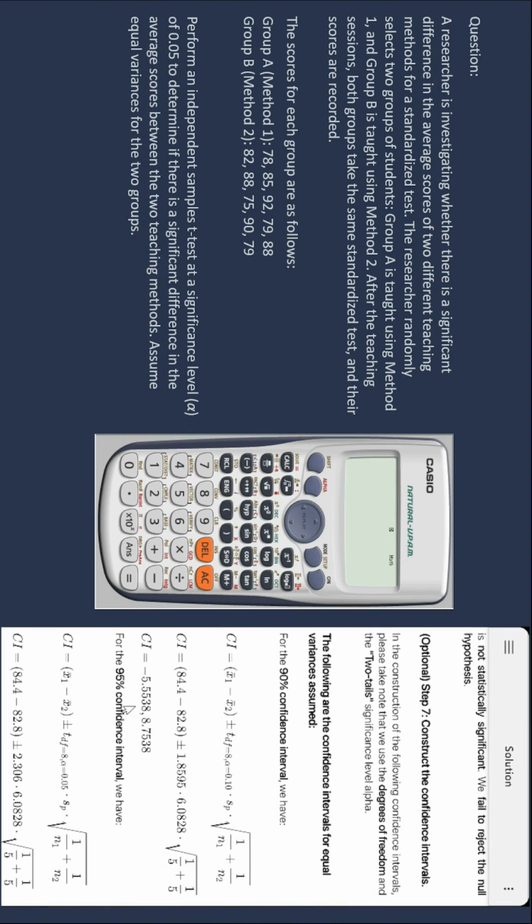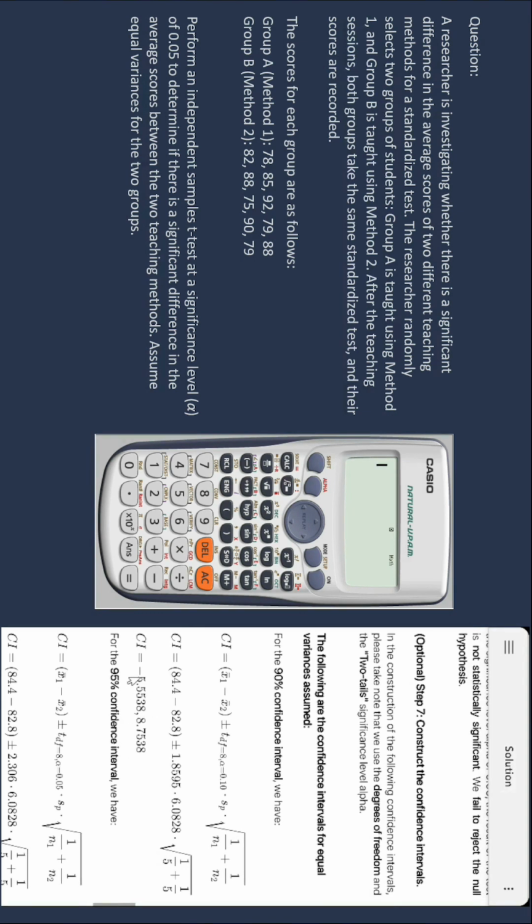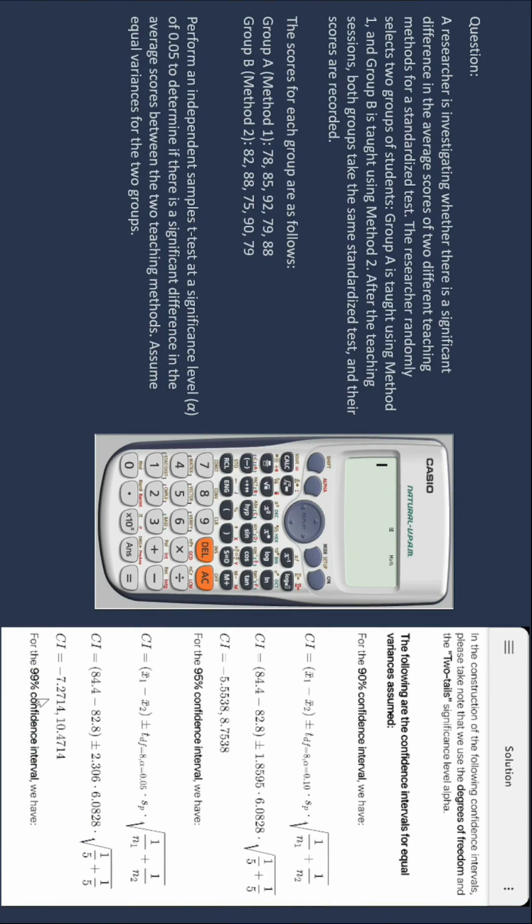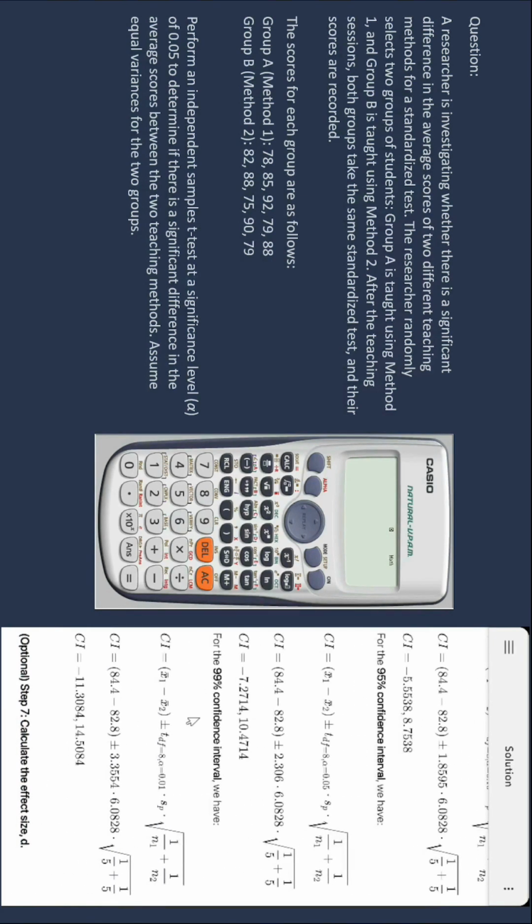As a result, since 0 is found within the 90% confidence interval, and then on the 95% confidence interval, and then on the 99% confidence interval, we conclude that the mean difference is not statistically significant. There's not enough evidence to claim that there is a real, meaningful difference between the scores of students who were subjected to two different methods of teaching.